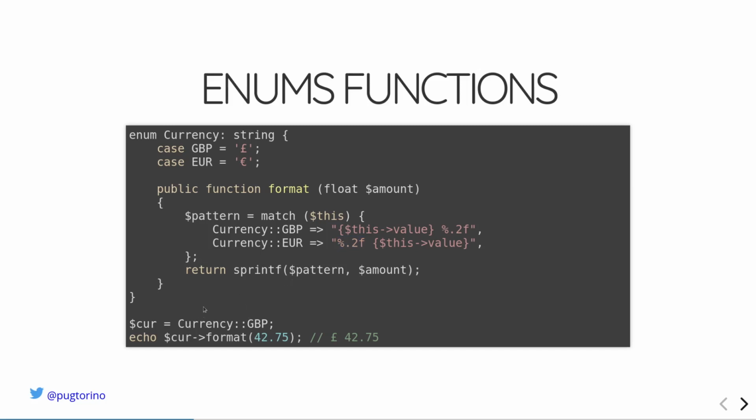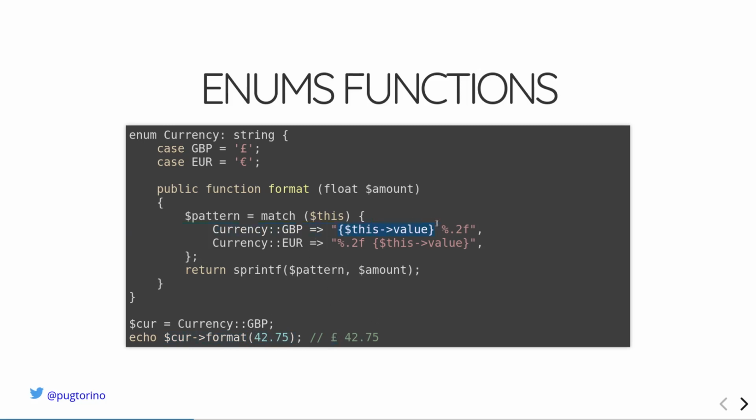So we can just consume the function as if it was a class. For instance, we can create a value assigned to a variable, and you can just, as you can see, execute a function passing a floating number. So this will format this floating number, adding the pound at the beginning because the value is GBP.